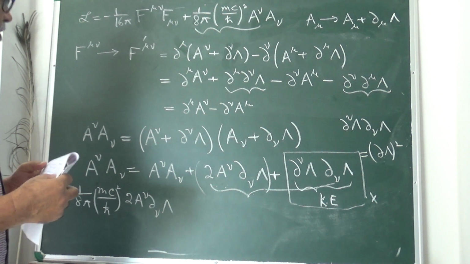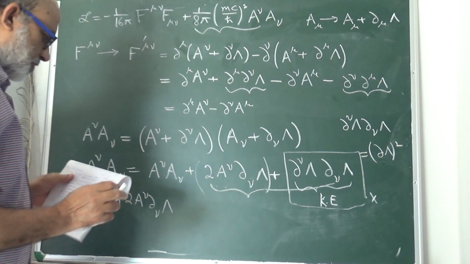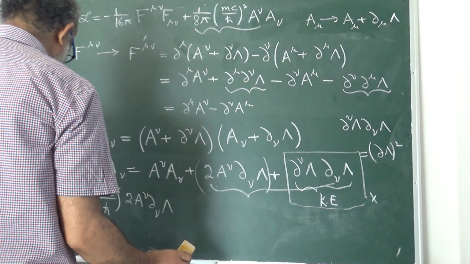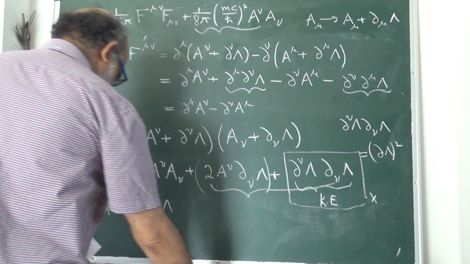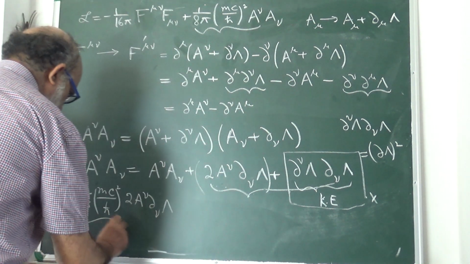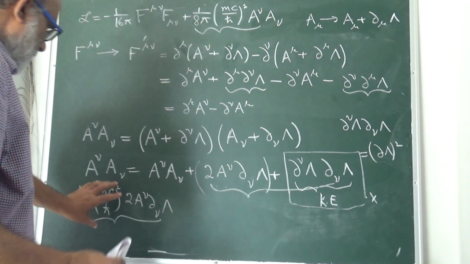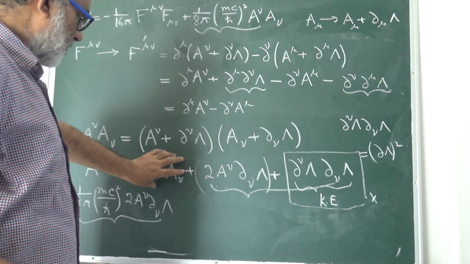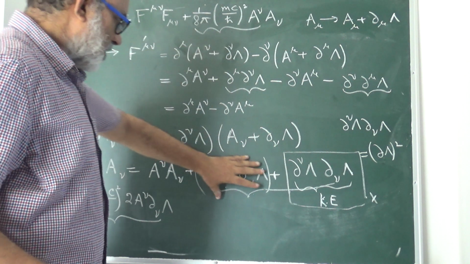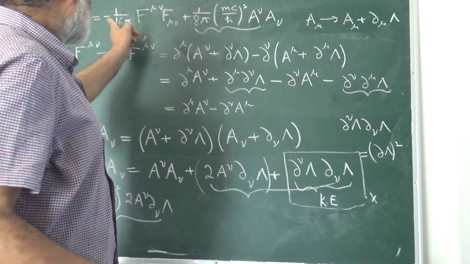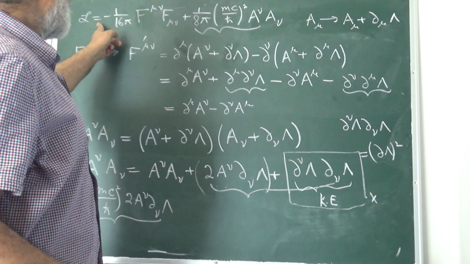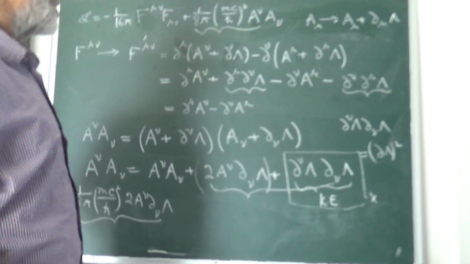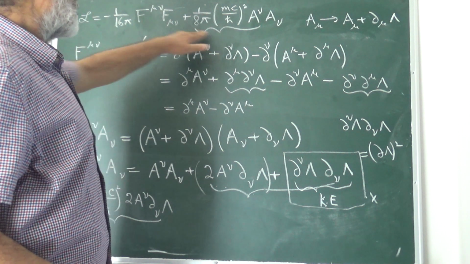Substitute the whole part. This is the added quantity here, apart from this value, added to this electromagnetic field of spin 1 particles. This is called the Lagrangian for spin 1.